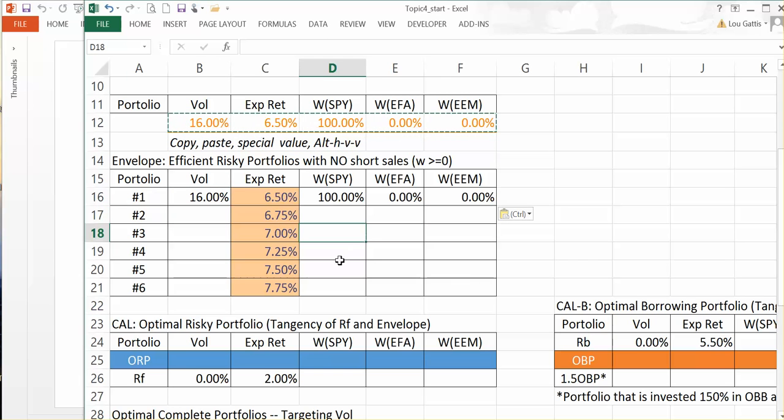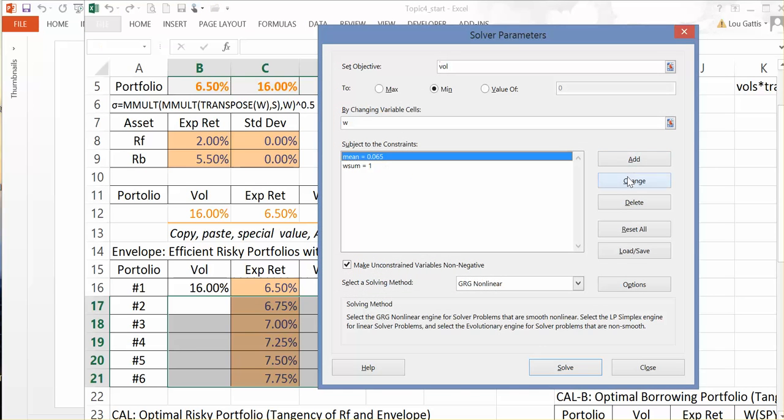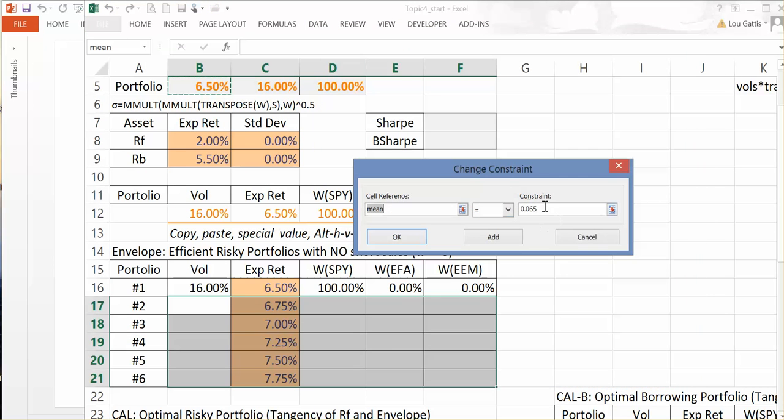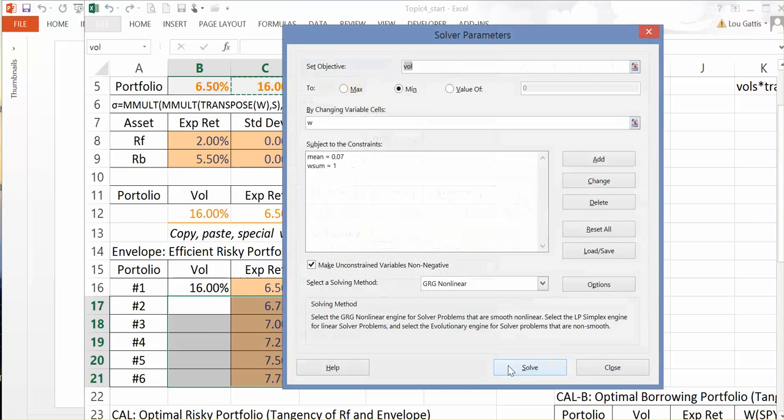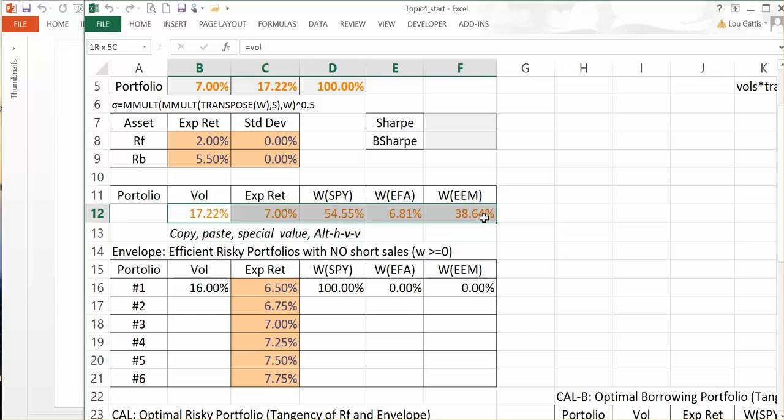Now I'll run Solver 5 more times, and each time I need to change the mean to 6.75, 7, 7.25, 7.5, and 7.75. So I'll do Data, Solver, and I'll change that 6.5 to 7, and I'll run it. Solver found a solution, and I'll copy these values, Alt HVV to paste.